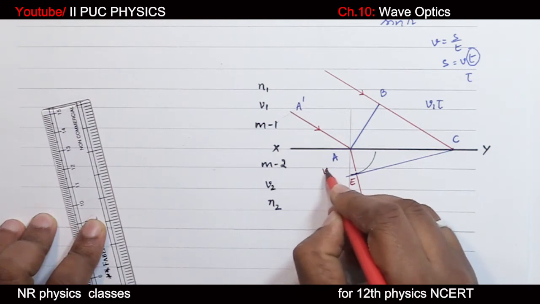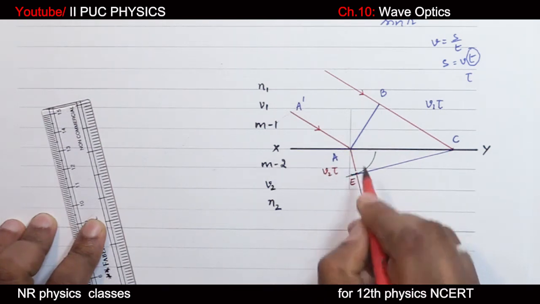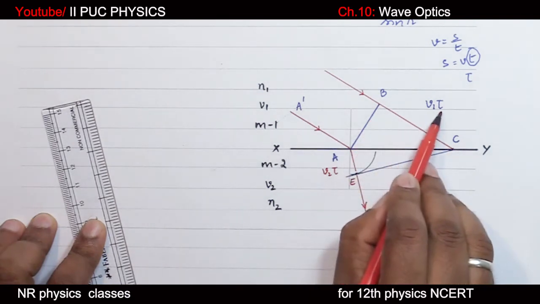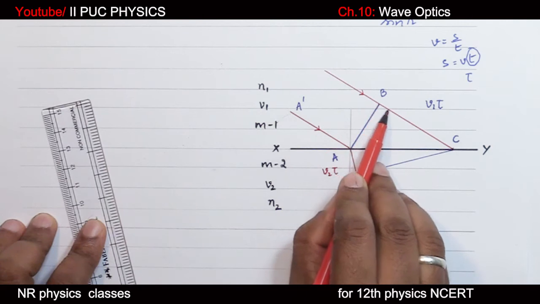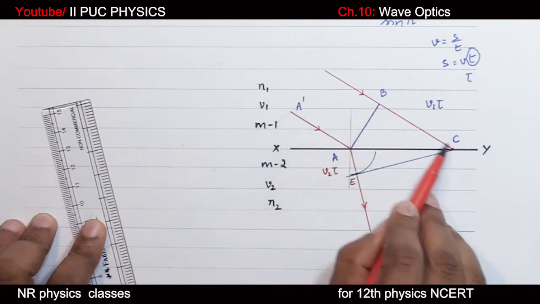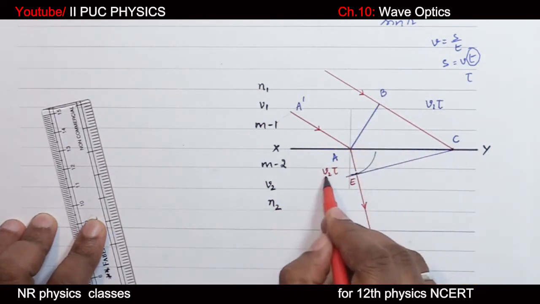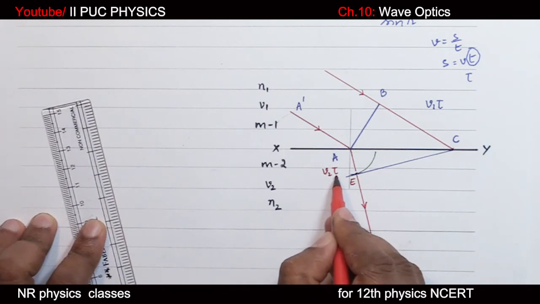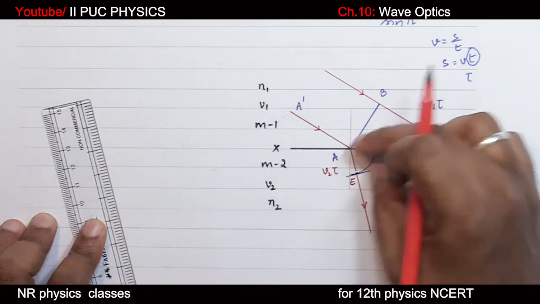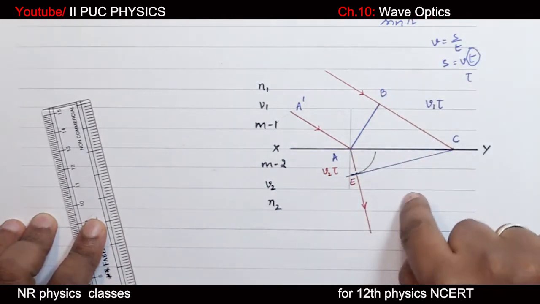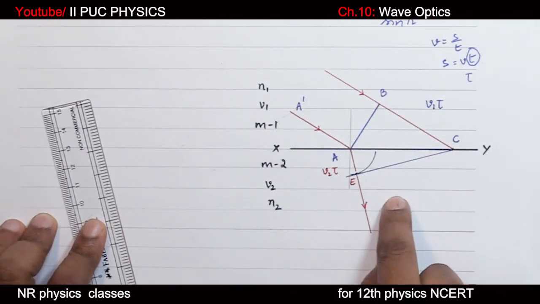Understand? V2 tau. During this time tau, when the light wave is traveling with velocity v1, it covers BC. With velocity v2, the distance traveled in tau is this. I can make it longer or shorter than this, just to represent the wave is traveling with another velocity.